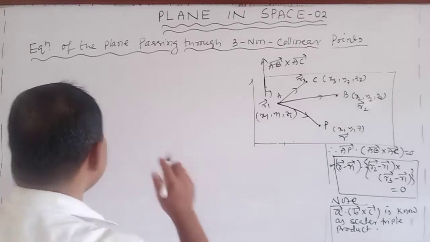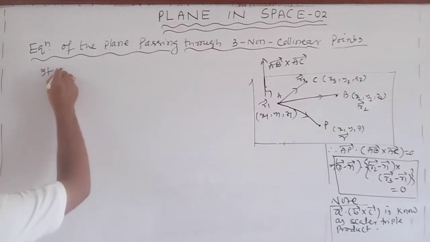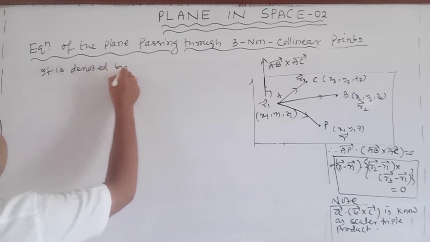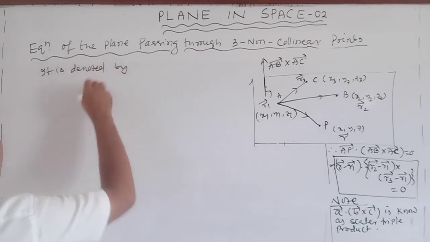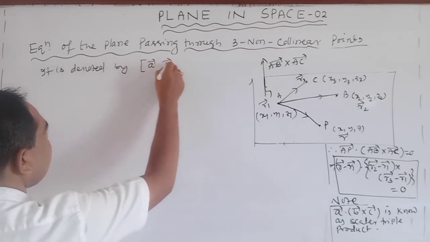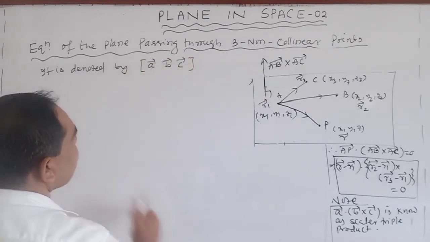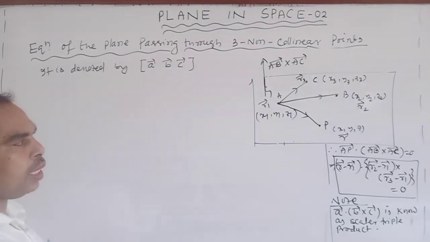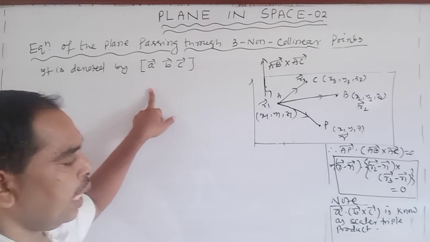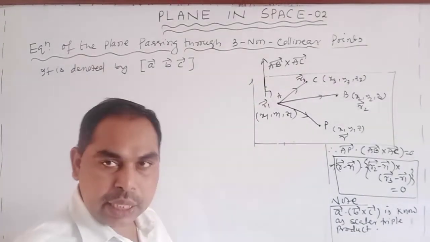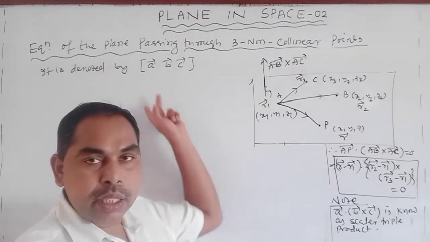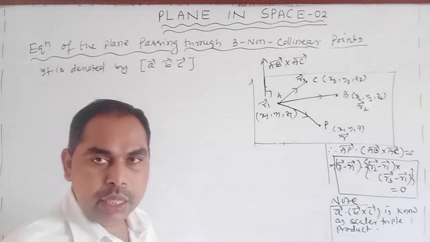It is denoted by square bracket a vector b vector c vector. Again, a dot b cross c is known as scalar triple product. It is denoted by square bracket a b c.